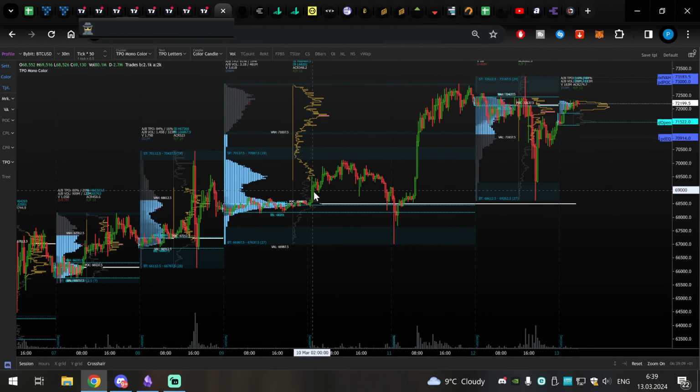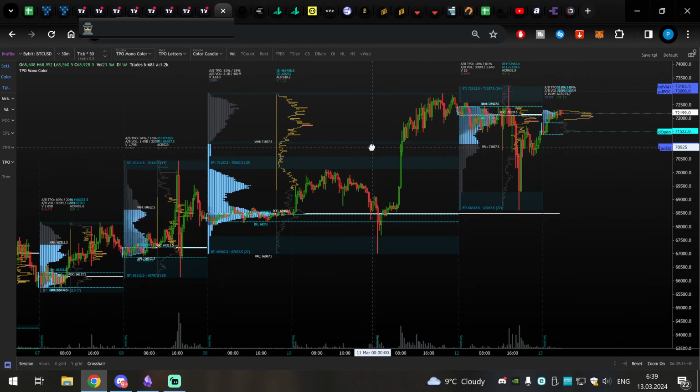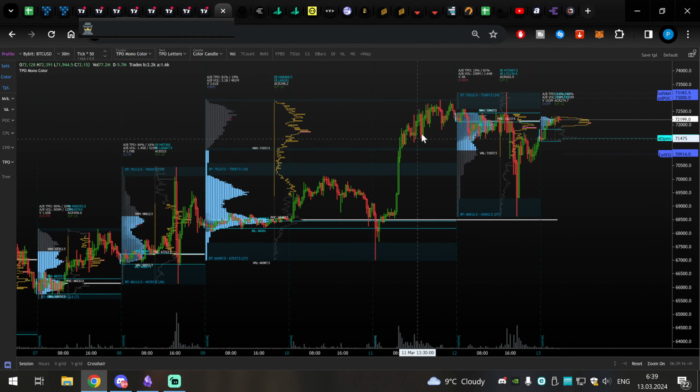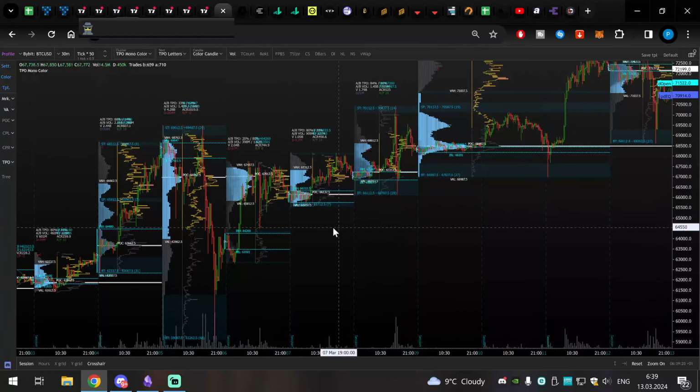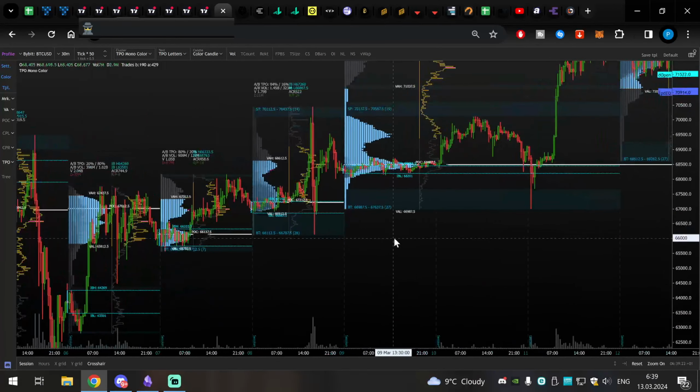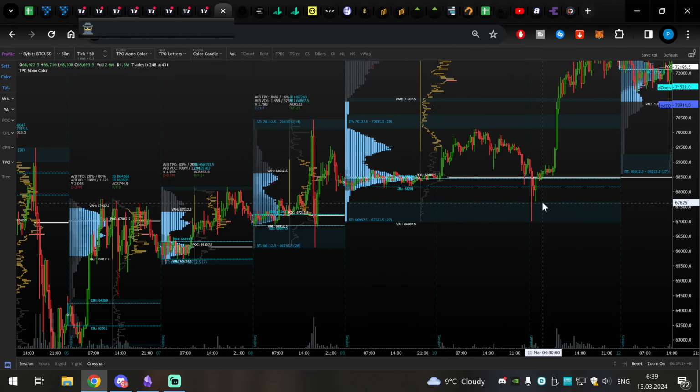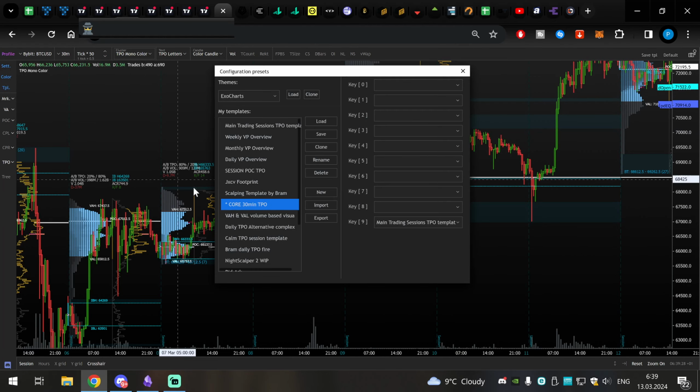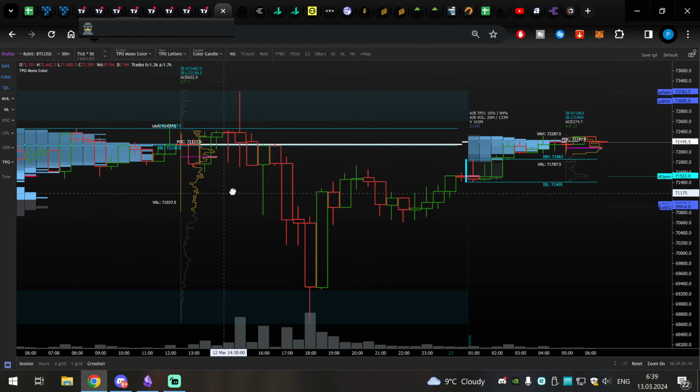We actually held the main high volume node and point of control of that range. That's what market loves to do in bull markets. So local range, pullback, V-shaped recovery to the upside. If you go like this, it was happening the same way before. This pullback here yet again went to the point of control of that range. Let me do merging. New merging here.